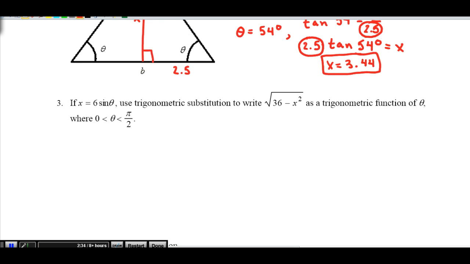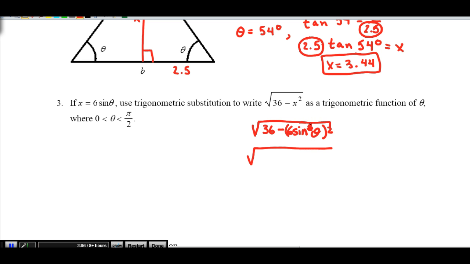The next problem asks us to substitute. So I want a trigonometric substitution. And I have the square root of 36 minus 6 sine squared theta. This will give me the trigonometric expression of 36 minus 36 sine squared theta.